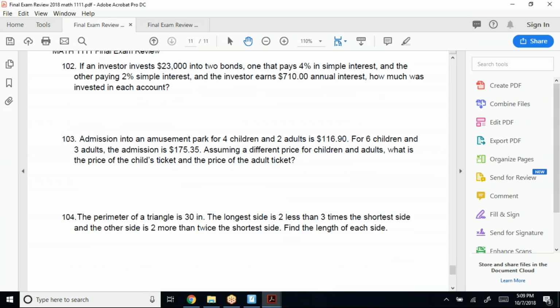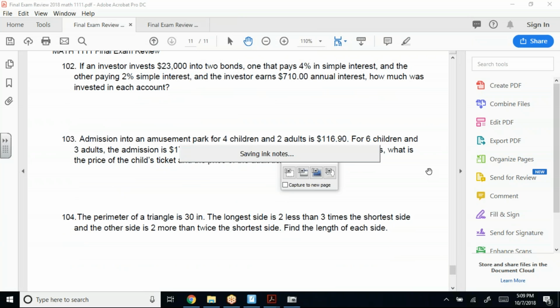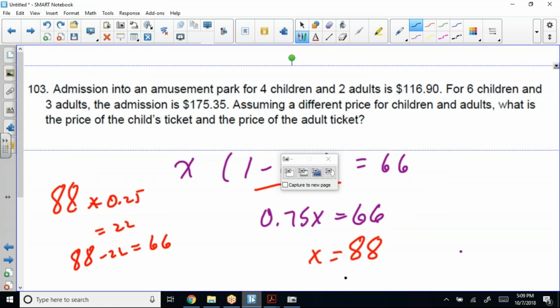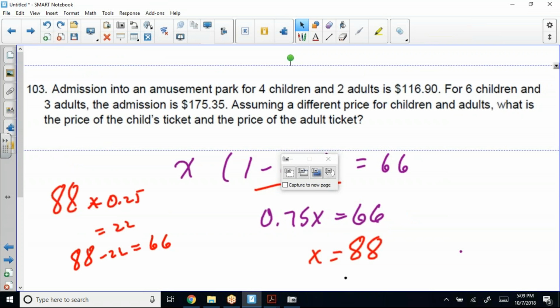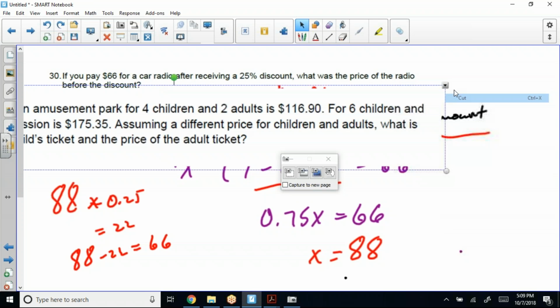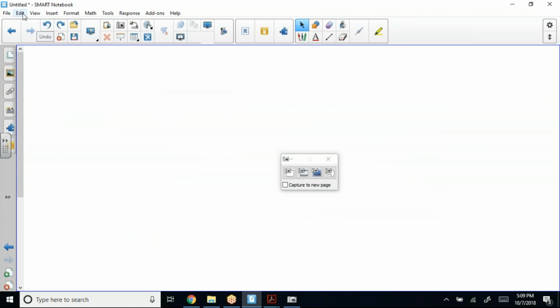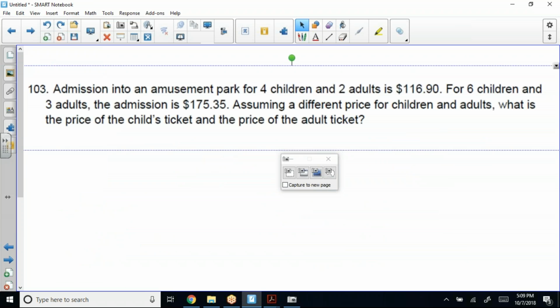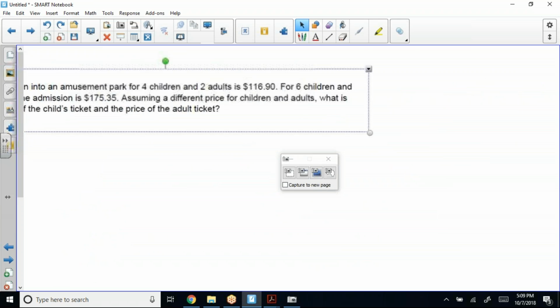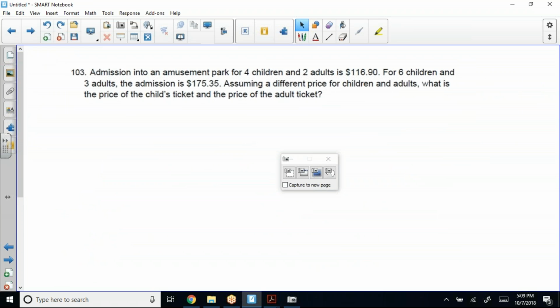It's very similar to the quarters thing that we've done, stuff like that. So, oh shoot. Cut. Go here. Okay. So we're getting into amusement park.